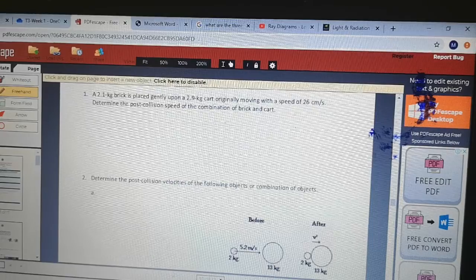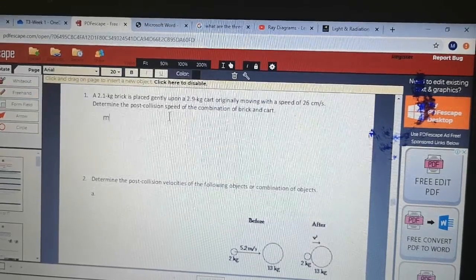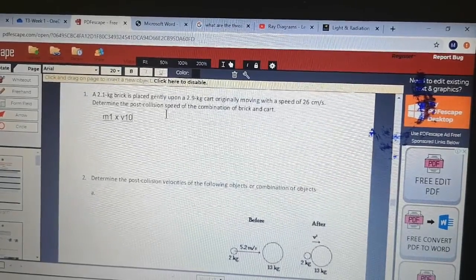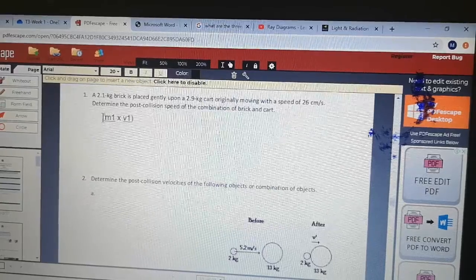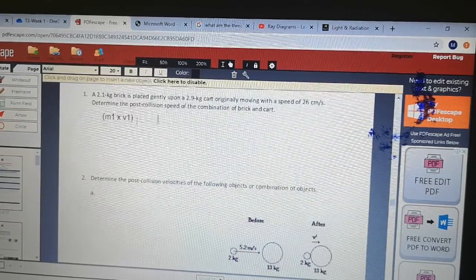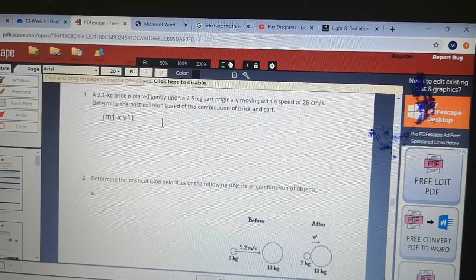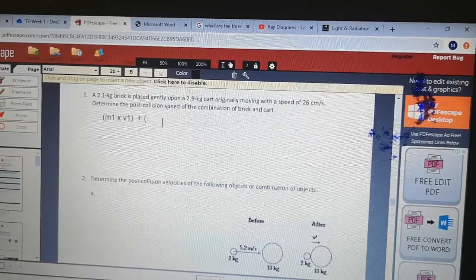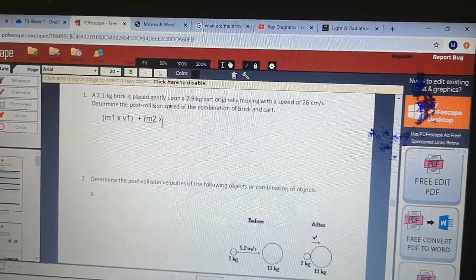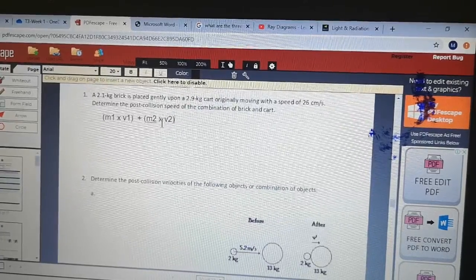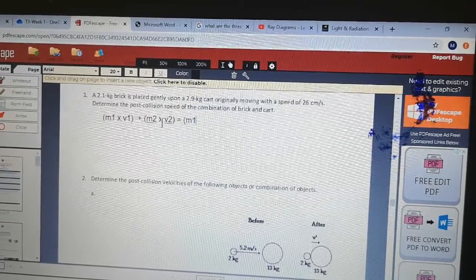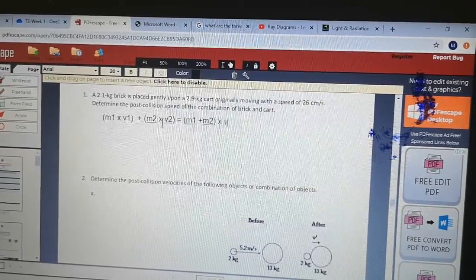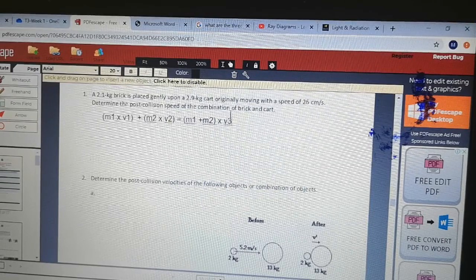Let's look at it then. I'm going to write the formula out. M1 times V1, this is going to be a better version of the formula, better for your calculators, plus M2 times V2 equals M1 plus M2 times, now this is V3 really, and it always asks for V3.